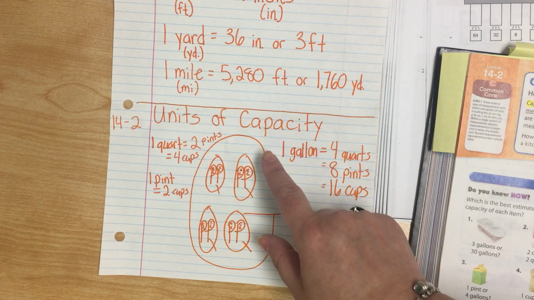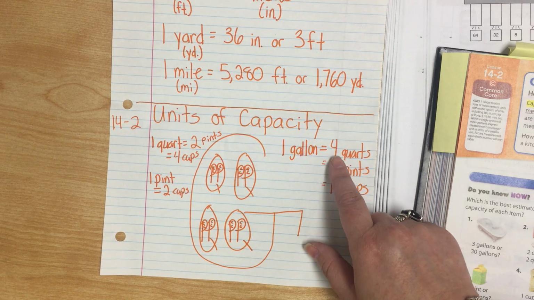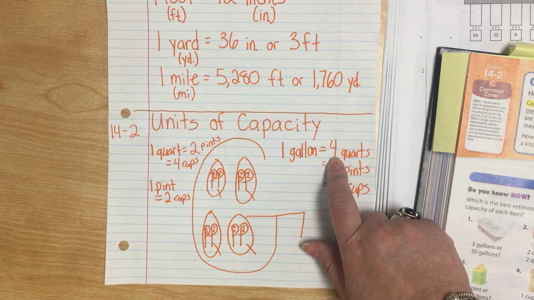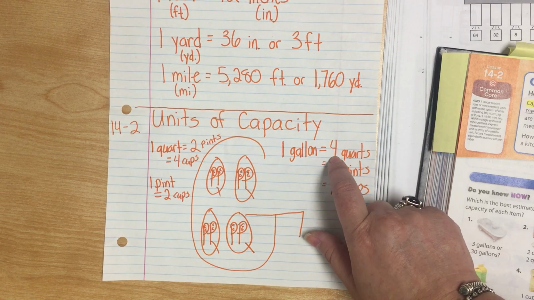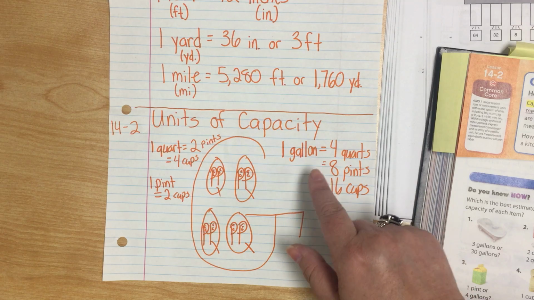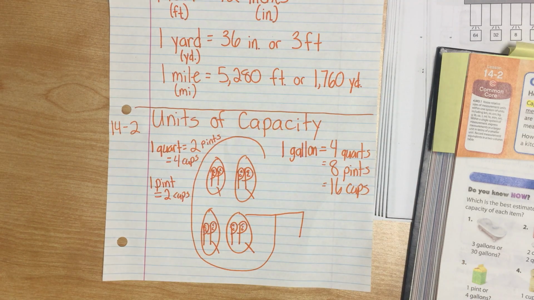If I were to have 3 or 4 gallons, how many quarts would that be? 4 times 3, 12 quarts. Or if it was about 4 gallons, 4 times 4 is 16 quarts. Now we're going back to multiplication.